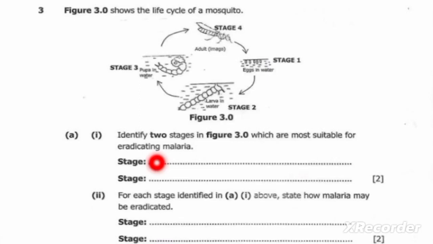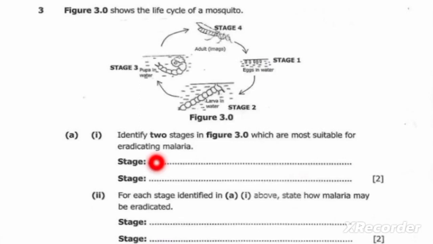The perfect stages for us to eradicate malaria are larva and pupa. Why are we saying larva and pupa? During these 2 stages, this organism is inactive as compared to stage 4. Okay, so stage 4 is showing the adult mosquito.